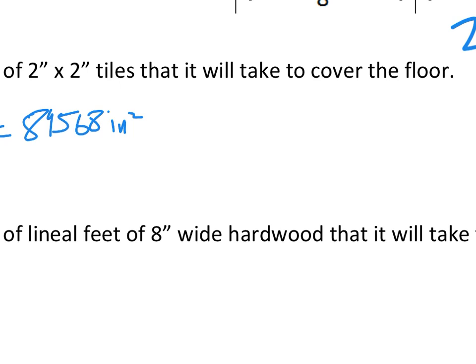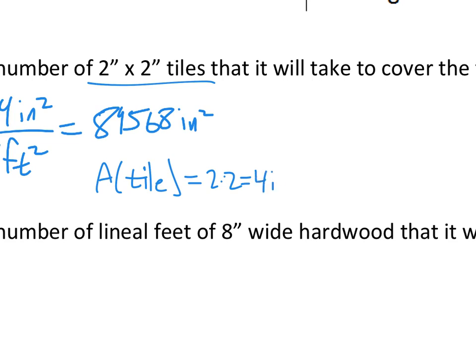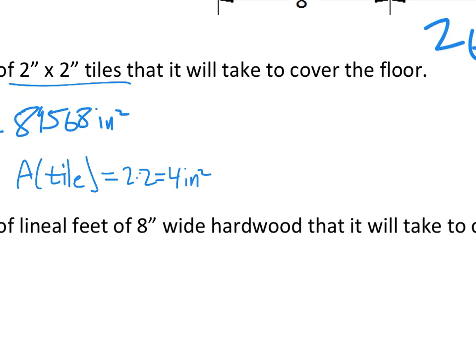So the tiles are 2 by 2 tiles, so the area of a tile is 2 by 2, which is 4 square inches. And so the number of tiles we need, we'll divide those. And number of tiles, this is the number symbol, not hashtag.